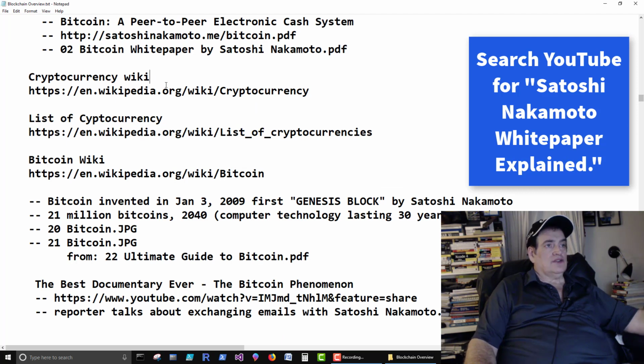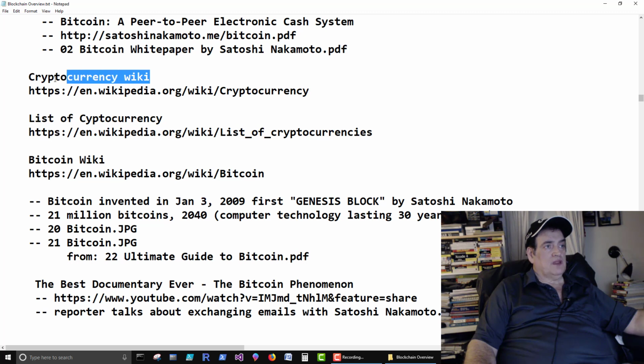Just in case you haven't thought about it, wikis are a good starting point. Usually they're pretty good. I like them as a grounding point, that way you get a good overview of what a topic is.